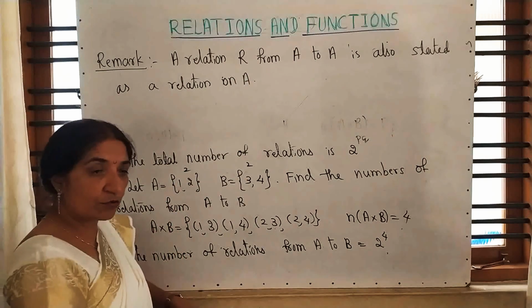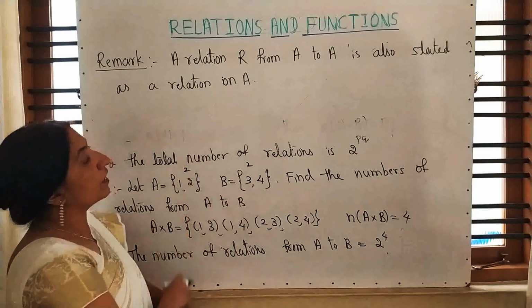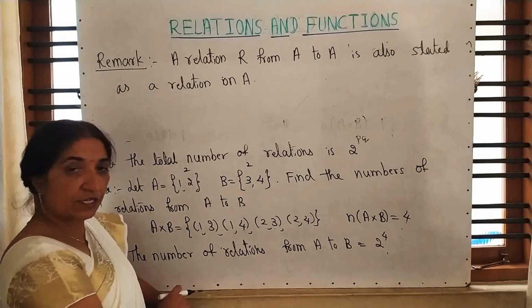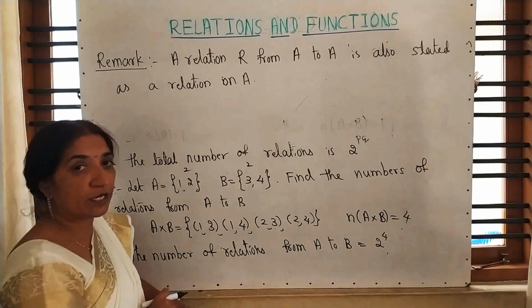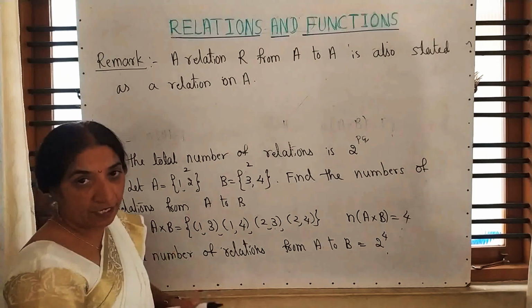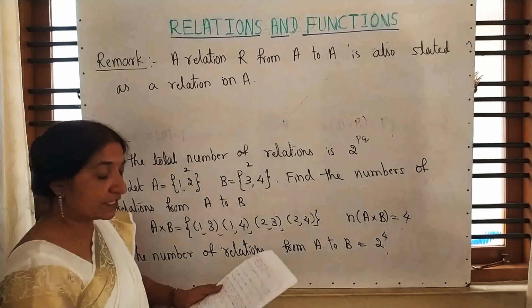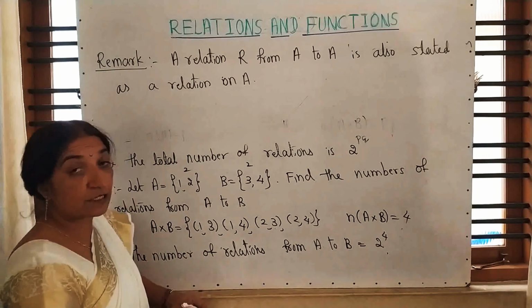The first set is also A, the second set is also A. Then we call it a relation on A. So instead of writing a relation R from A to A, we simply call it a relation on A. Clear? So in the next class, I will start with the next exercise, that is 2.2.